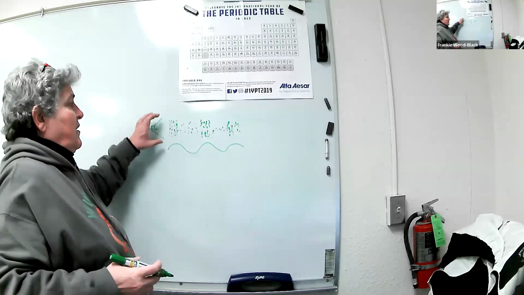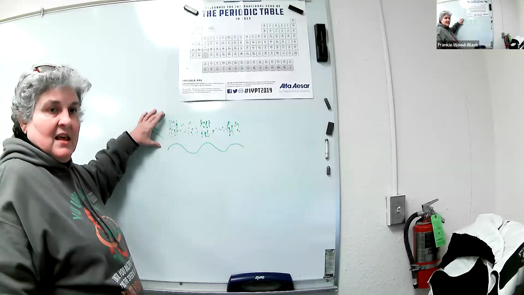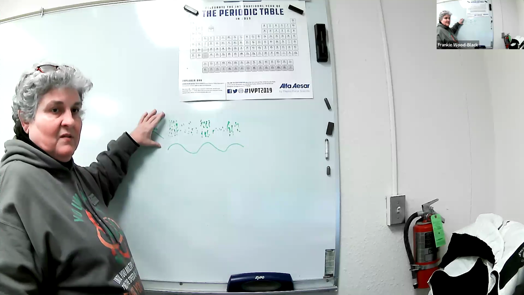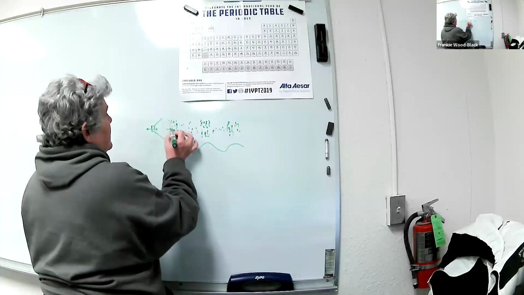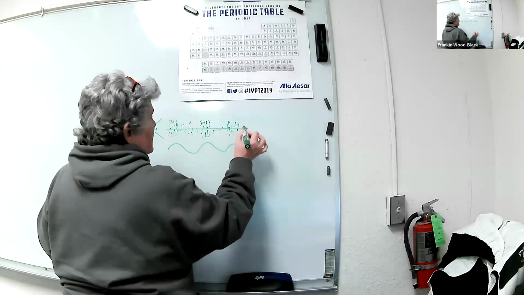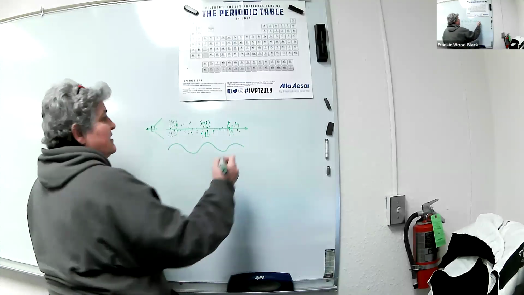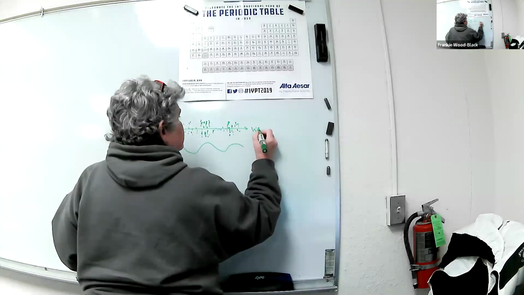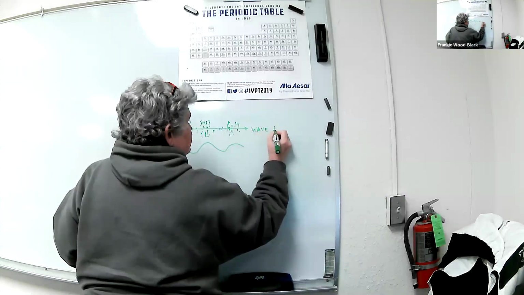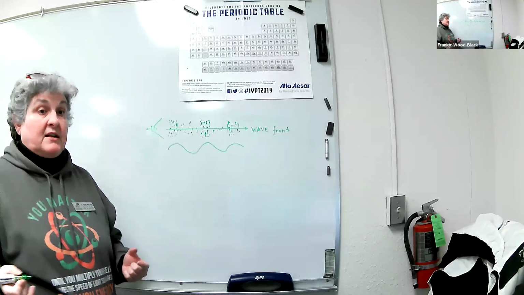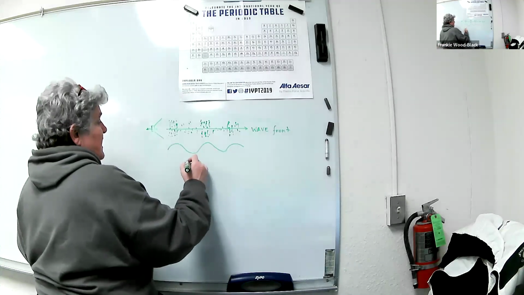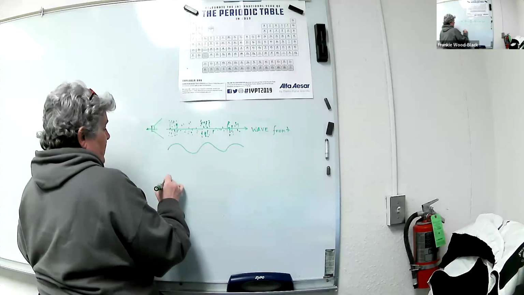But our sound wave doesn't stay like that, right? So we can describe this as a wave front. We can use an arrow and say that this is a wave front. What's interesting about a wave front is, let's take our water wave here.